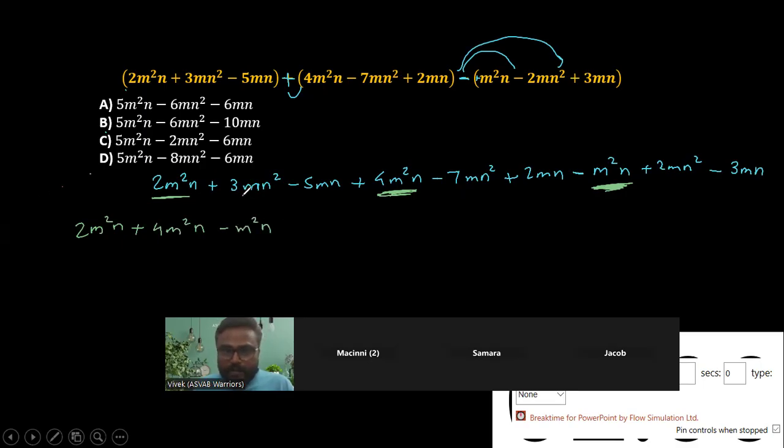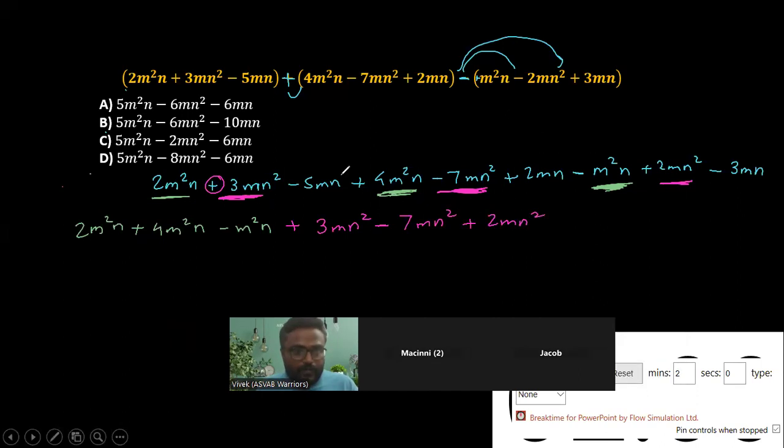I have combined these three now. Let's move on. Always take the sign in the left: plus 3mn square. 3mn square is here again, and mn square is here again. So minus 7mn square plus 2mn square.